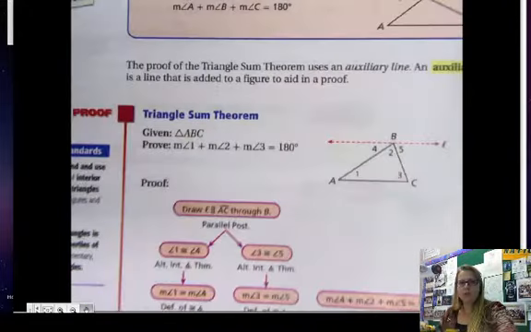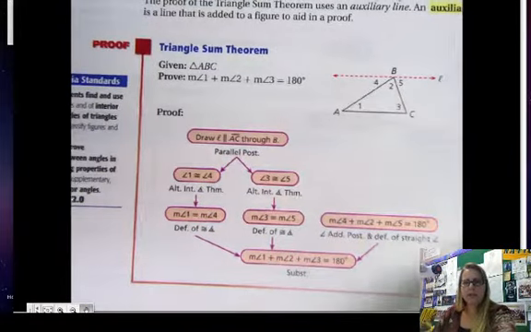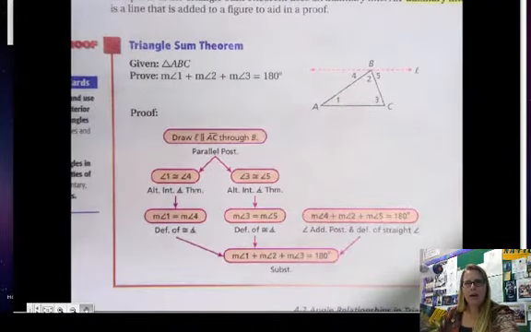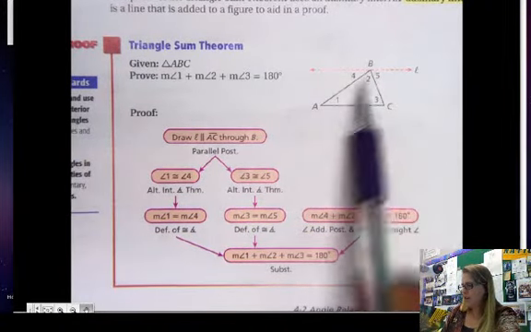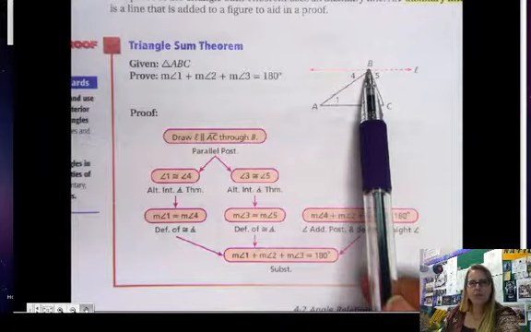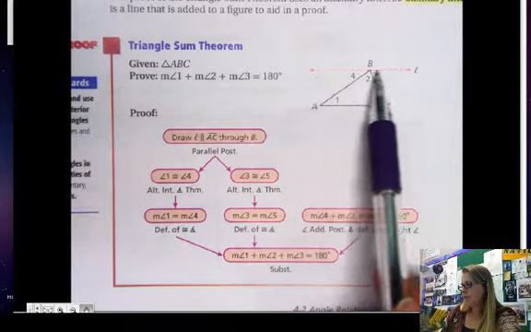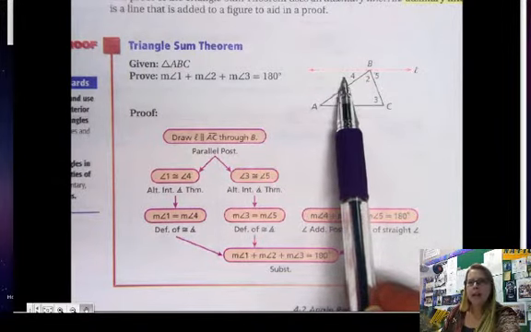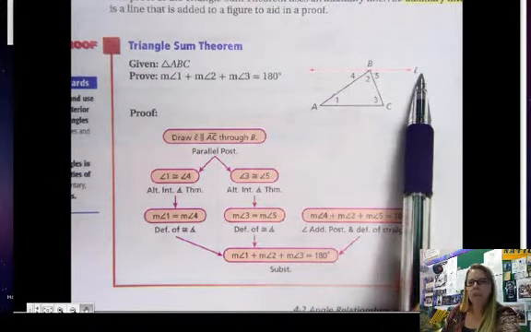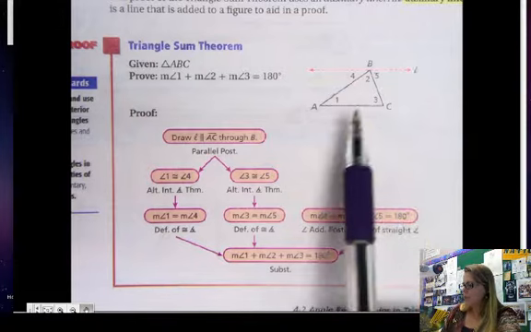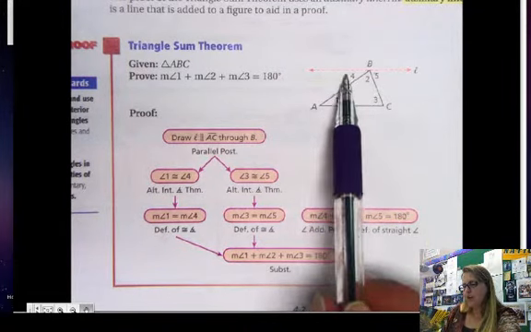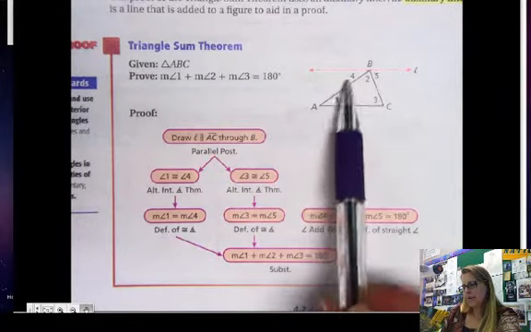It's on page 223, and here's my figure, and in order to prove it, they have to show this line L here and create angles 4 and 5 to help prove this triangle. So as you can see, angle 1 and angle 4 are alternate interior angles.